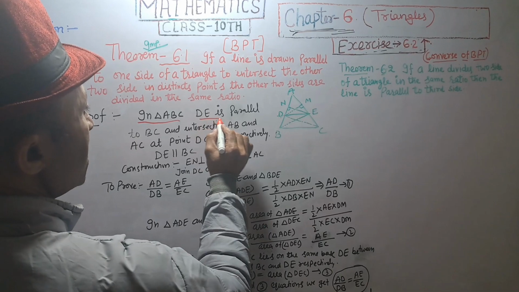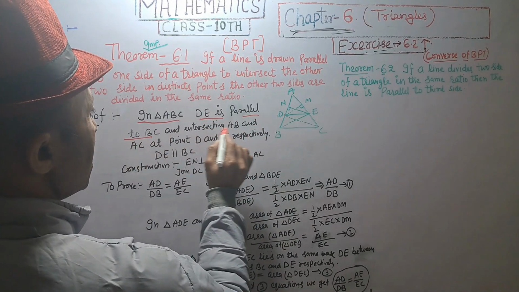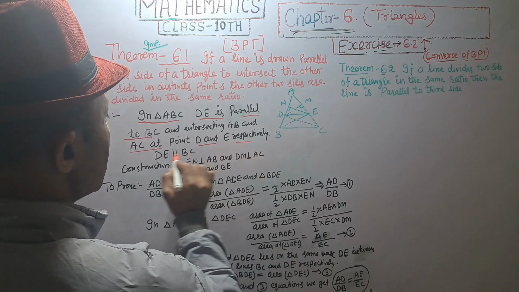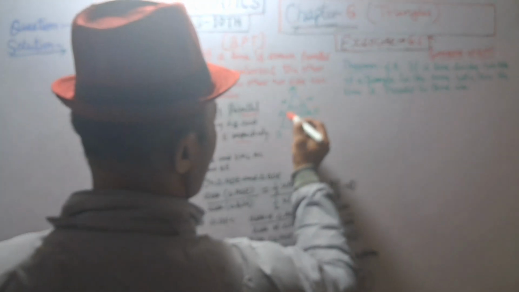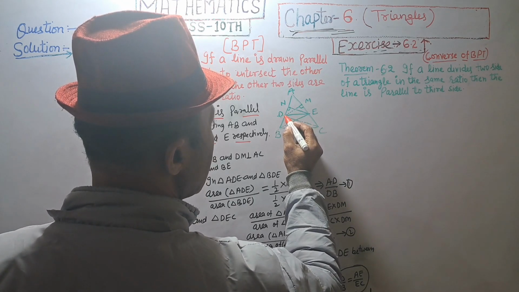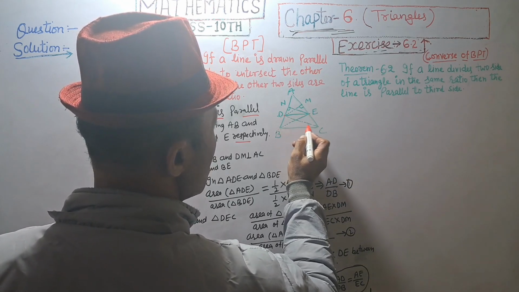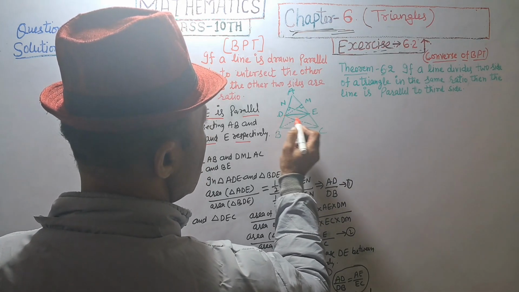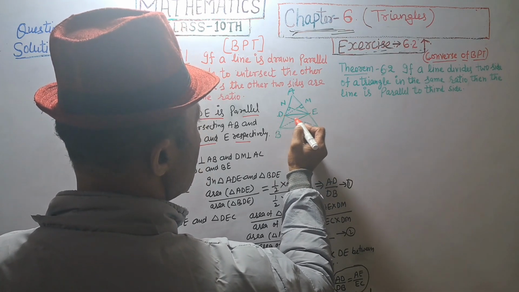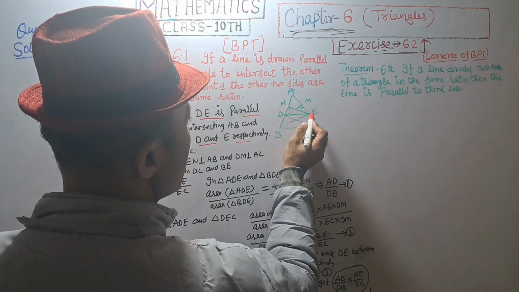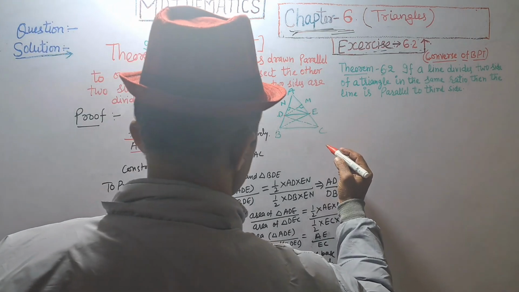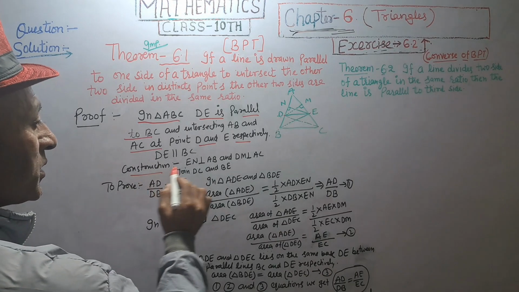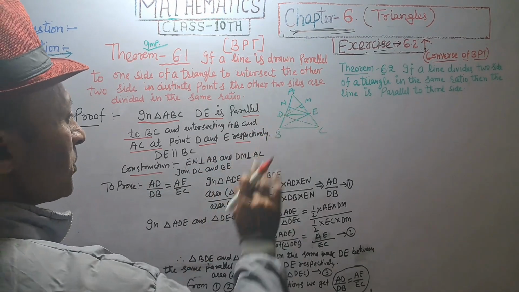In triangle ABC, DE is parallel to BC and intersecting AB and AC at points D and E respectively. First of all, we draw a triangle ABC with DE parallel to BC, and we construct DC, BE, and perpendiculars EN to AB and DM to AC.